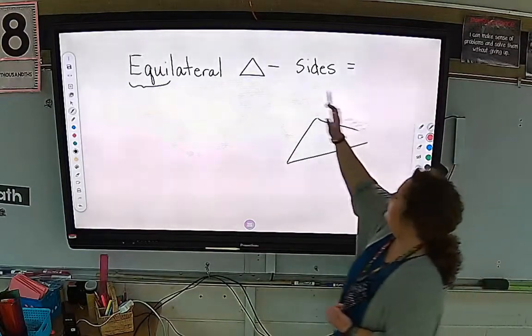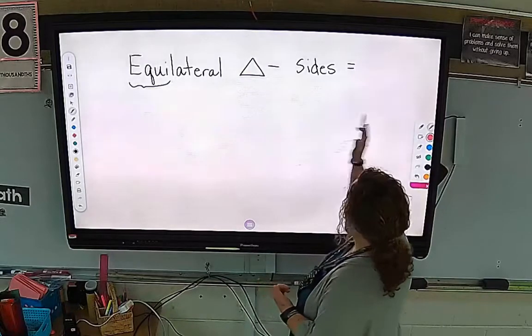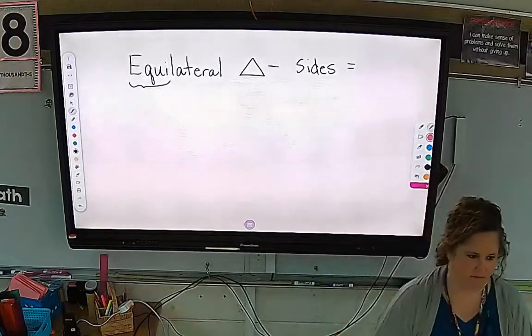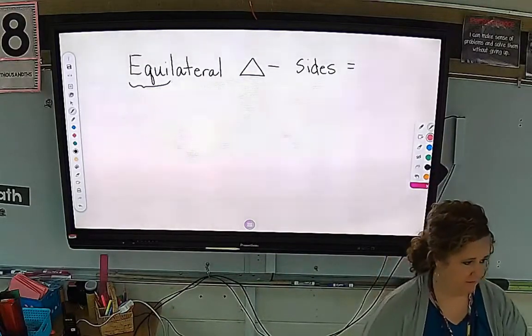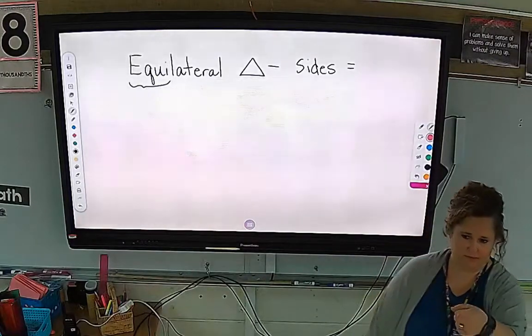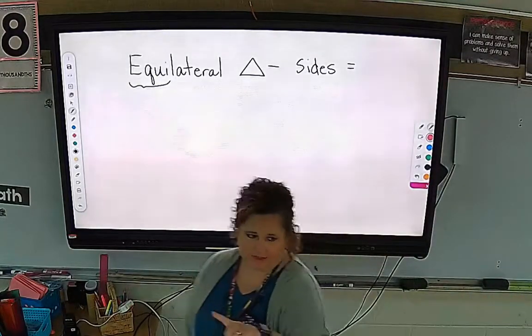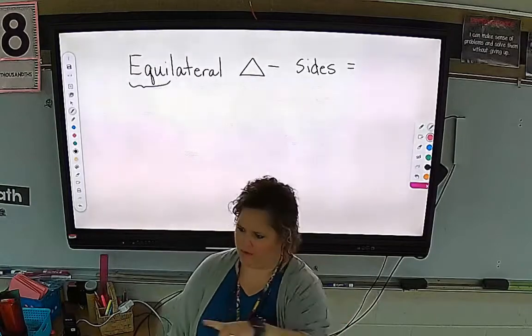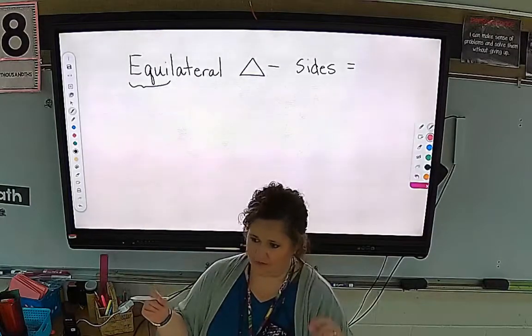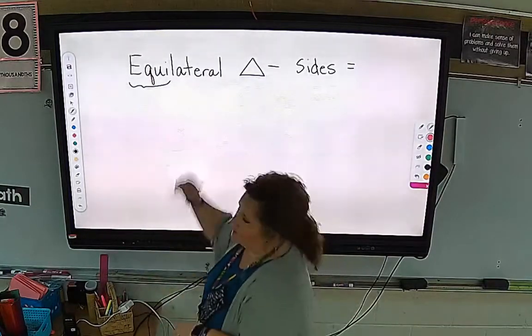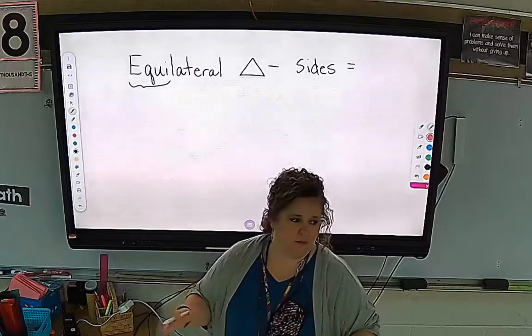Did anybody find a triangle where maybe just two sides were the same? Which one? Anybody else do E? I know not many people got there. When you measured the sides, were two of them the same? All right, so here comes a word we're not very familiar with.